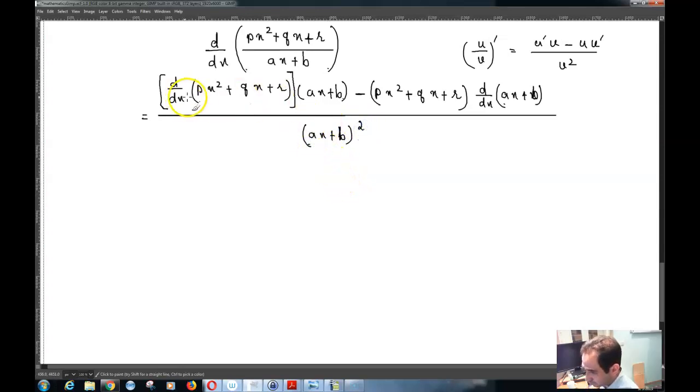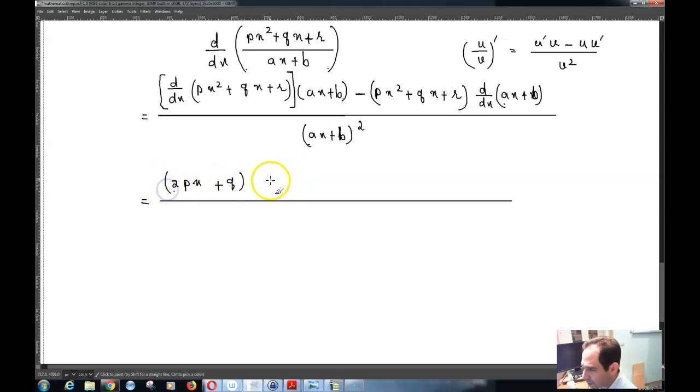So you know that the derivative of this function over here is 2px plus q (and r is 0), times ax plus b, minus px squared plus qx plus r times d by dx of ax plus b, which is simply a, over ax plus b whole squared.